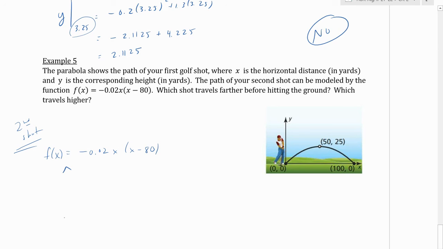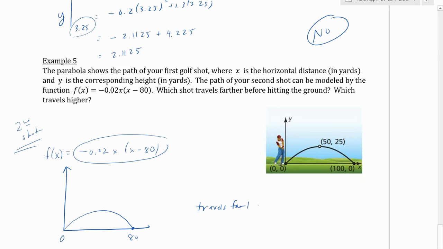Okay, so if I were to graph this one, what makes that equal 0? 0 at 80. So we've got something else like this. So which one traveled farther? This is the first shot over here, second shot over there. This one definitely traveled farther, the first shot. It was 100 versus 80.